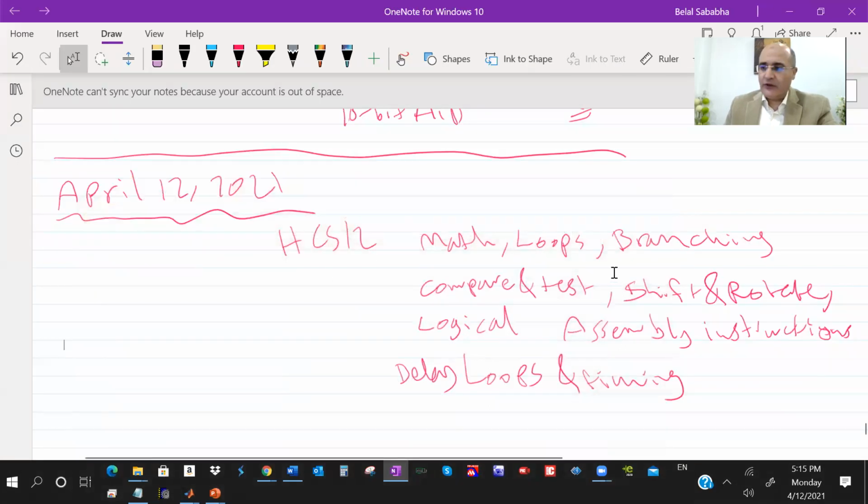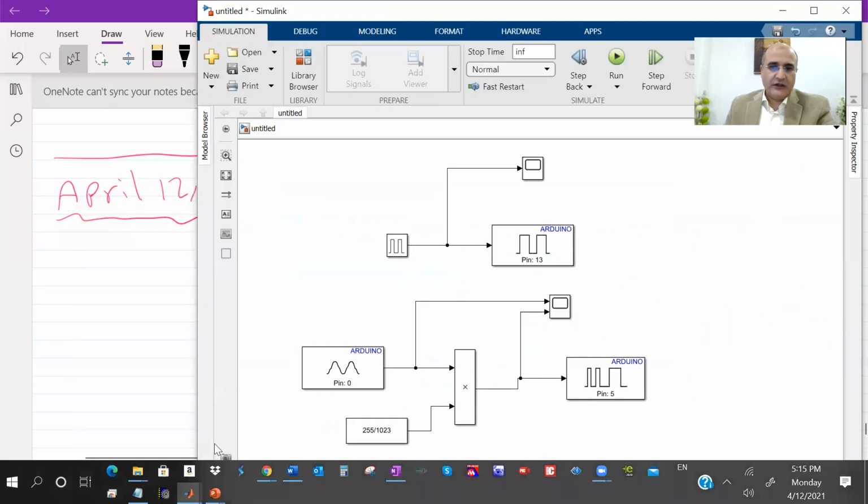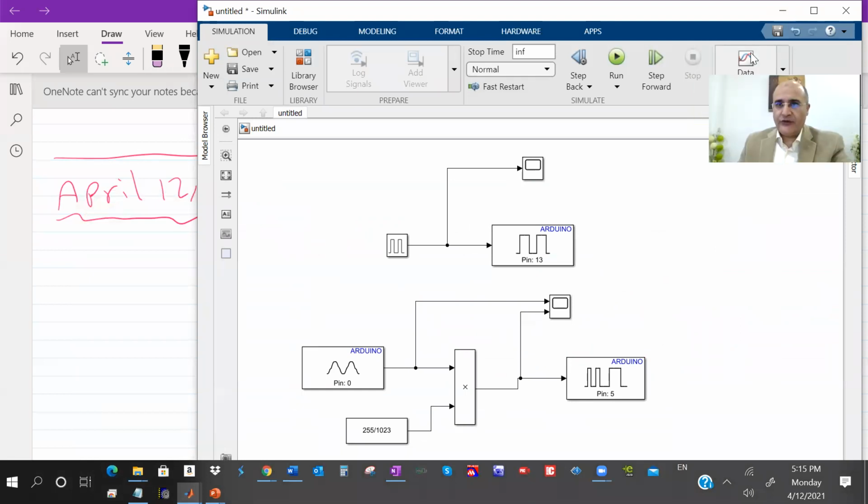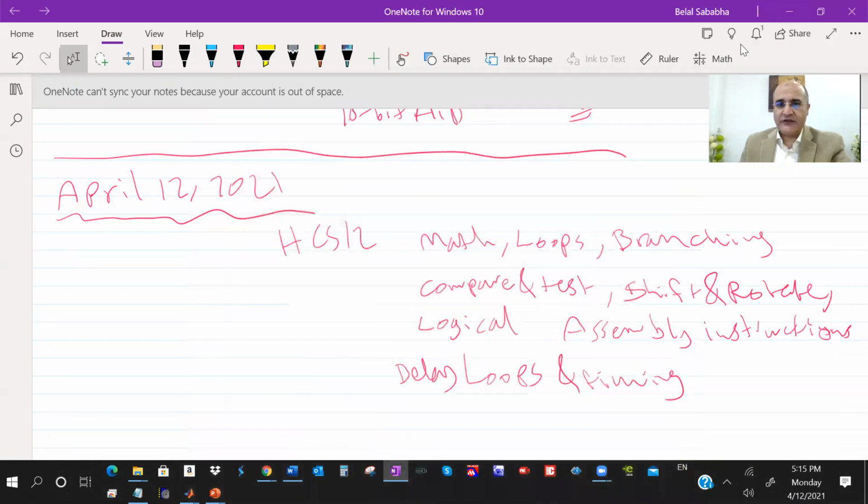We did a model-based example using MATLAB Simulink and auto-generated embedded software code from requirements specified with model-based design in MATLAB Simulink.